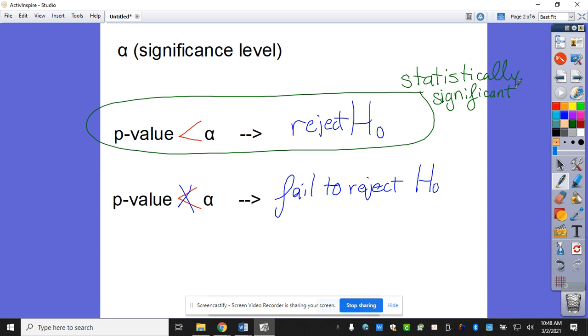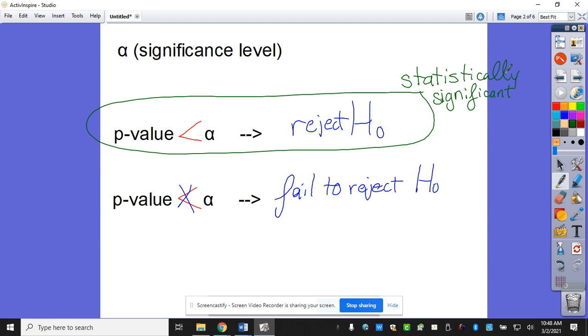So if we do overturn it, we call that statistically significant. I'll talk about that a little bit more, but I just want you right now to understand that rejecting the null hypothesis because p-value is lower than alpha is statistically significant.